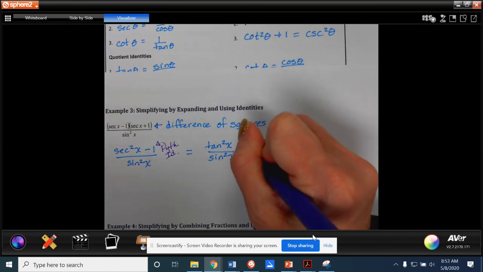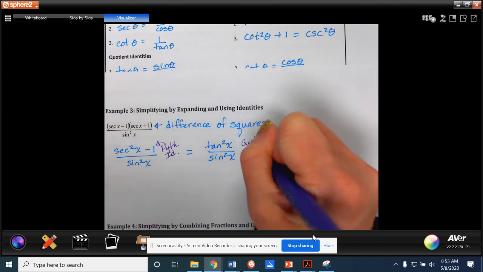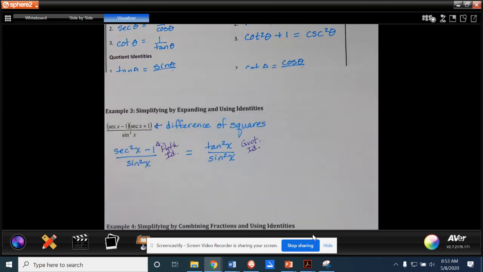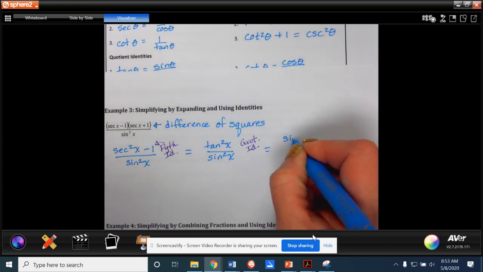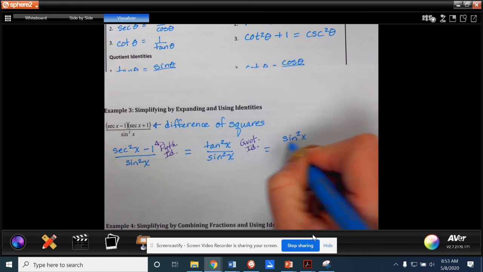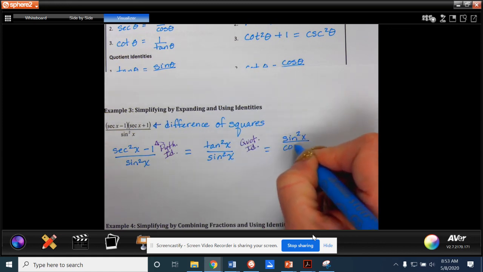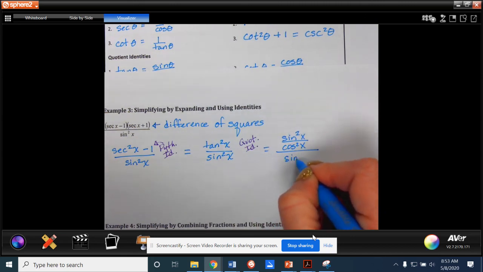So I'm going to use a quotient identity in the numerator. And what I would have is, well, tangent squared x is the same as sine squared x over cosine squared x. And that's still over sine squared x.